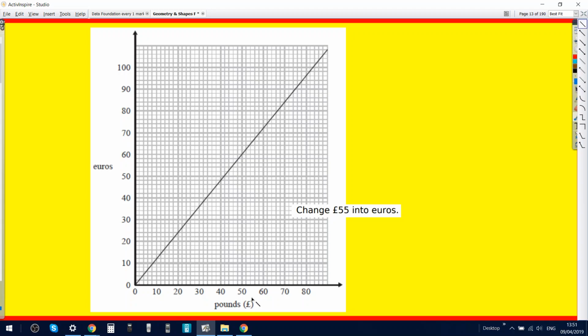Basically, each square would be 2. So 1 square is 52, 2 squares is 54, so it would be 2.5 squares along. Yeah. So you go up, hit the line, go across.